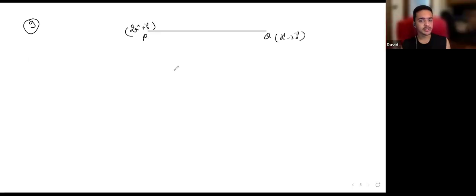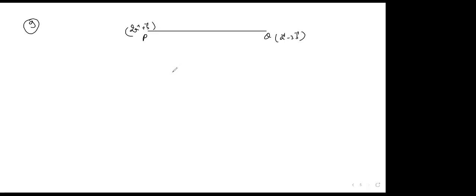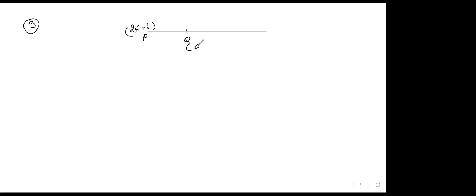The division is external, in the ratio 1:2. So we take Q over here, with position vector a vector minus 3b vector.